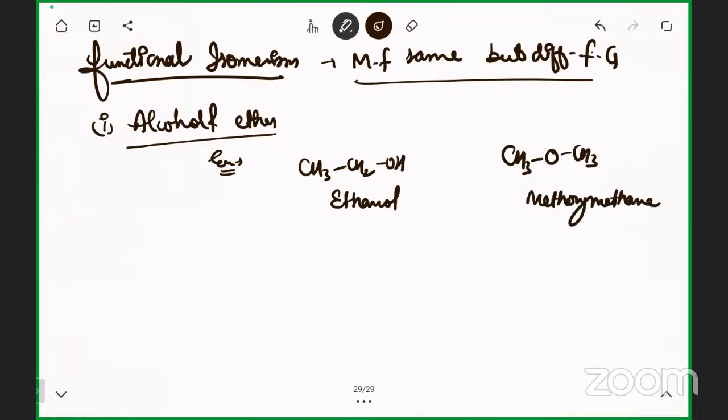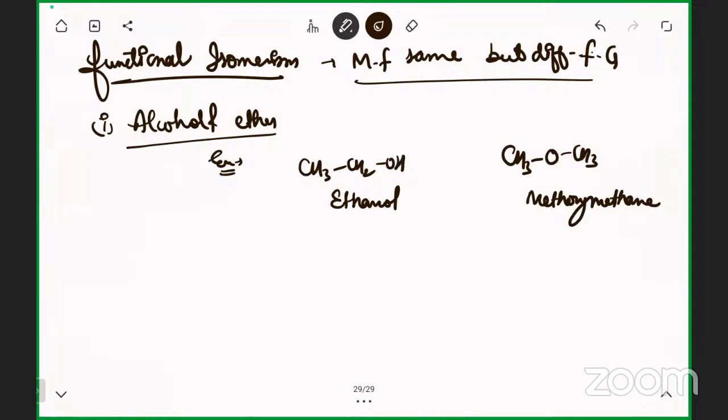Both compounds have the same number of carbon, hydrogen and oxygen, but there is a change in the functional group. One has the alcoholic group while the other has the ether group. Such compounds having the same molecular formula but different functional groups are known as functional isomers, and the phenomenon is known as functional isomerism.